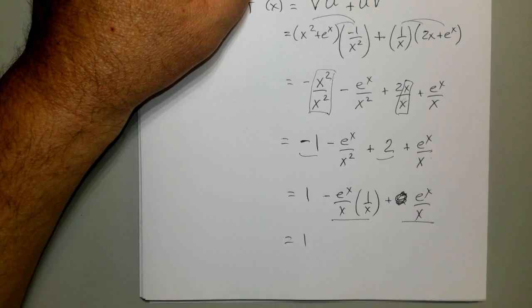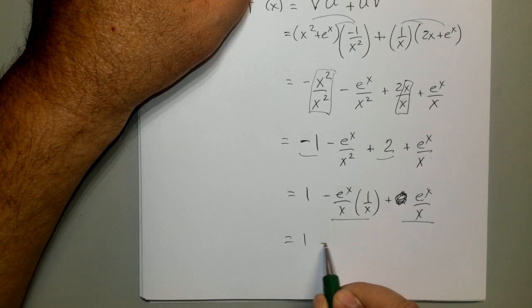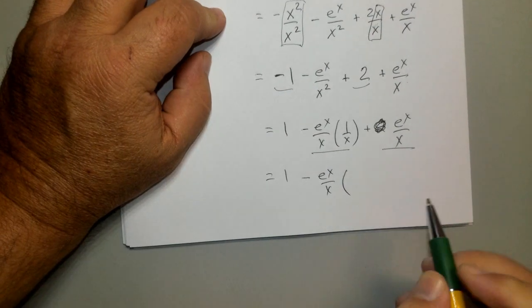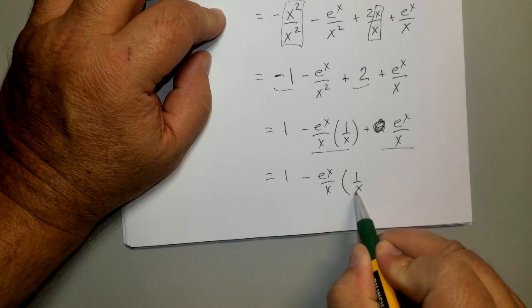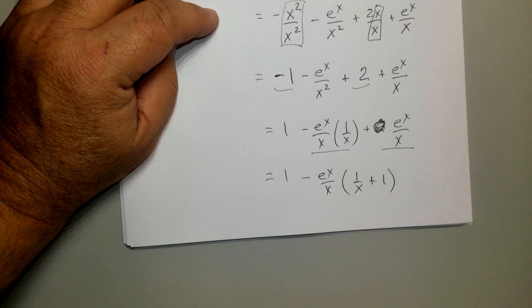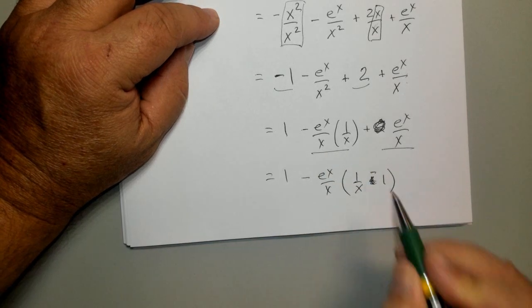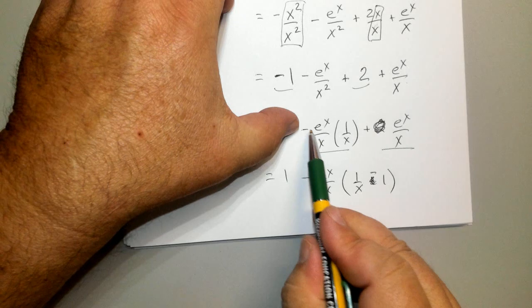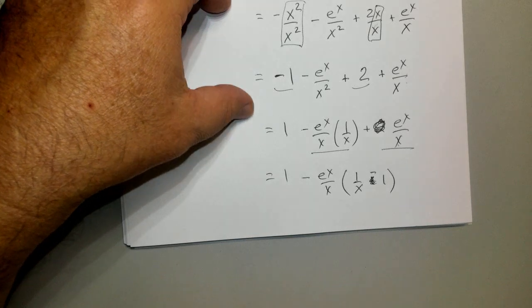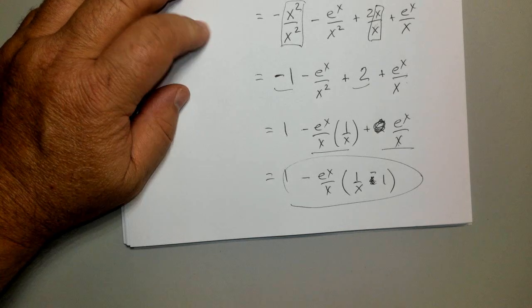We have two terms here. What can we factor out of those? What do they have in common? E to the x over x. That leaves what inside there? Actually, no. Since I took out the negative, I got to change this sign. I factor out a negative e to the x over x. I have to change this sign when I factor it out. So there's your simplified version. When you have an x, just plug it in there and you're done.